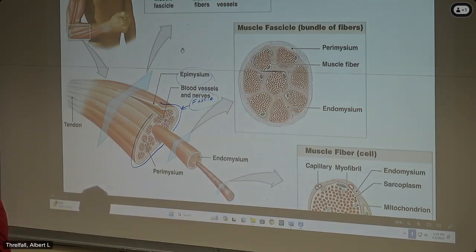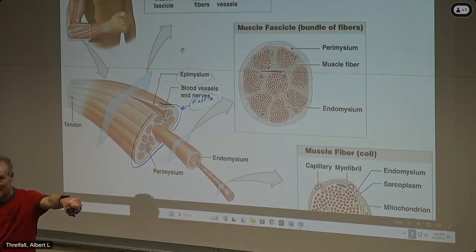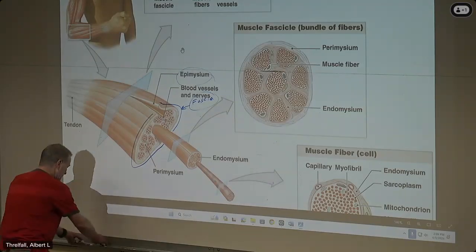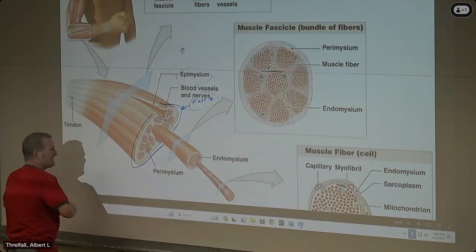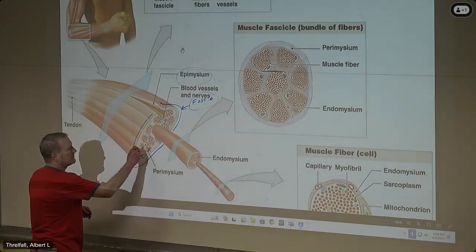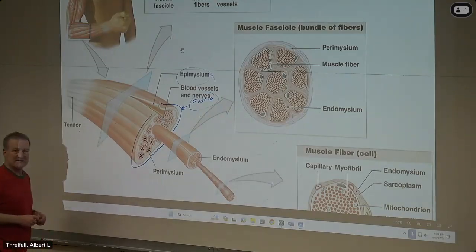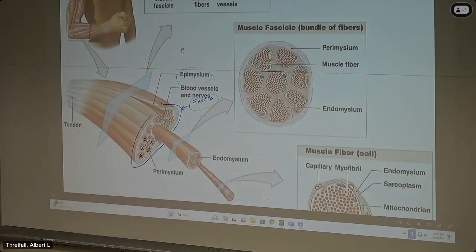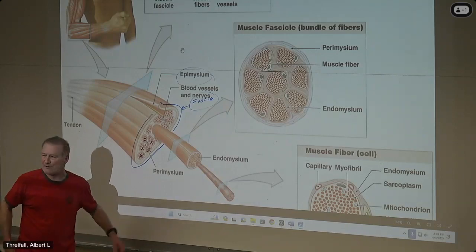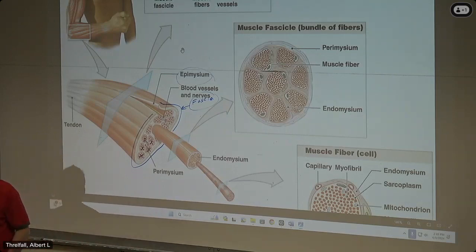My hand is surrounding, binding, holding together the markers. So my hand represents the fascia and the epimysium, and it is holding together those subunits. The fascia and the epimysium together surround, bind, and hold together the subunits of a muscle.